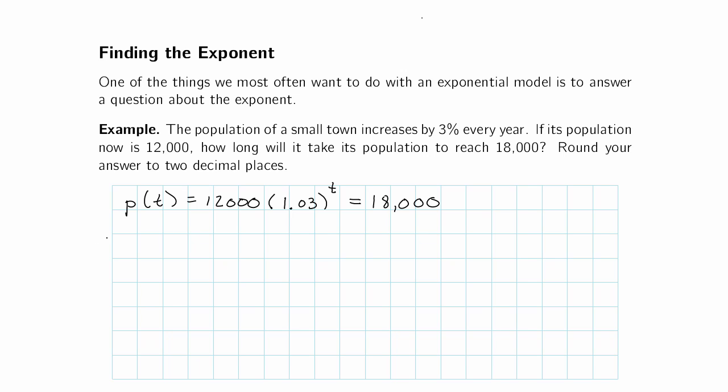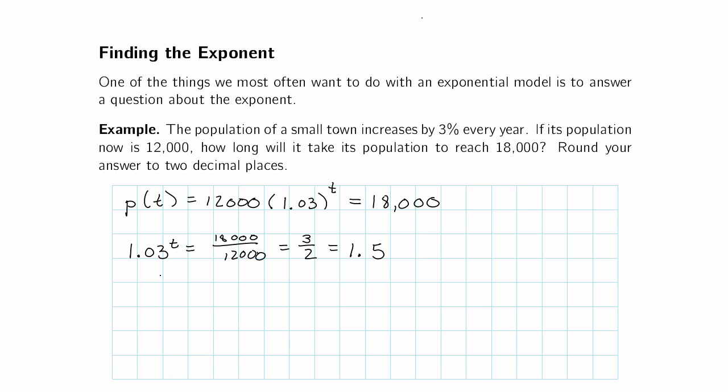So first we'll isolate the exponential by dividing both sides by 12,000. So 1.03 to the t is 18,000 divided by 12,000. Throwing that into the calculator, we see that it simplifies to 3/2, or if we like decimals, we can say 1.5.